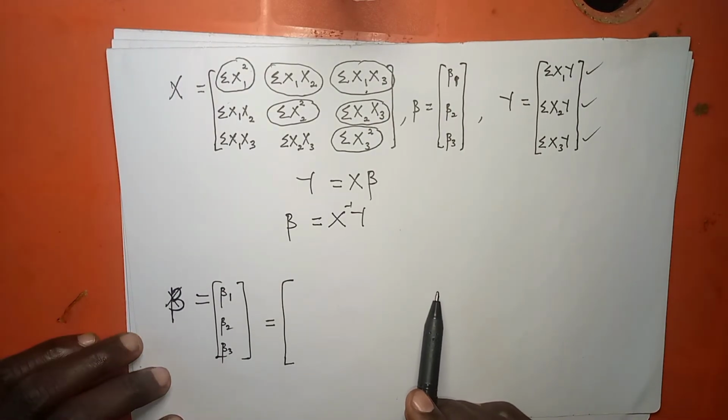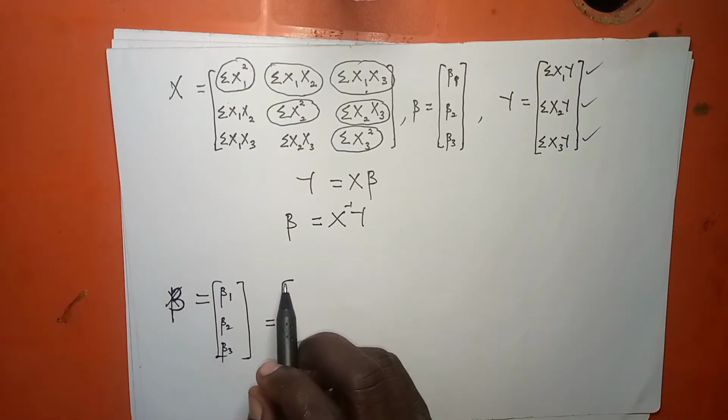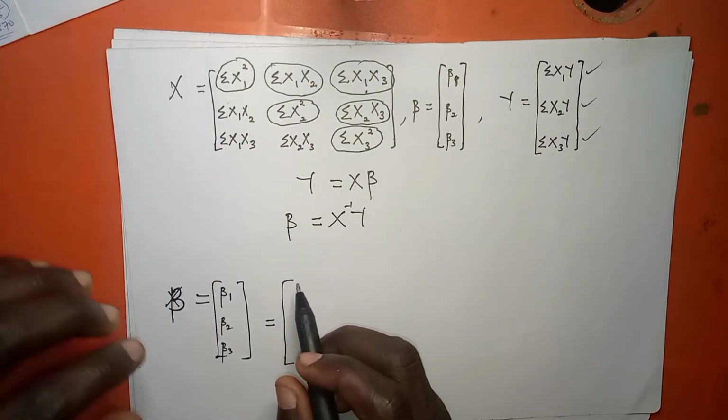So this is going to give us, summation x1 square from the previous slide gives us 61.5.